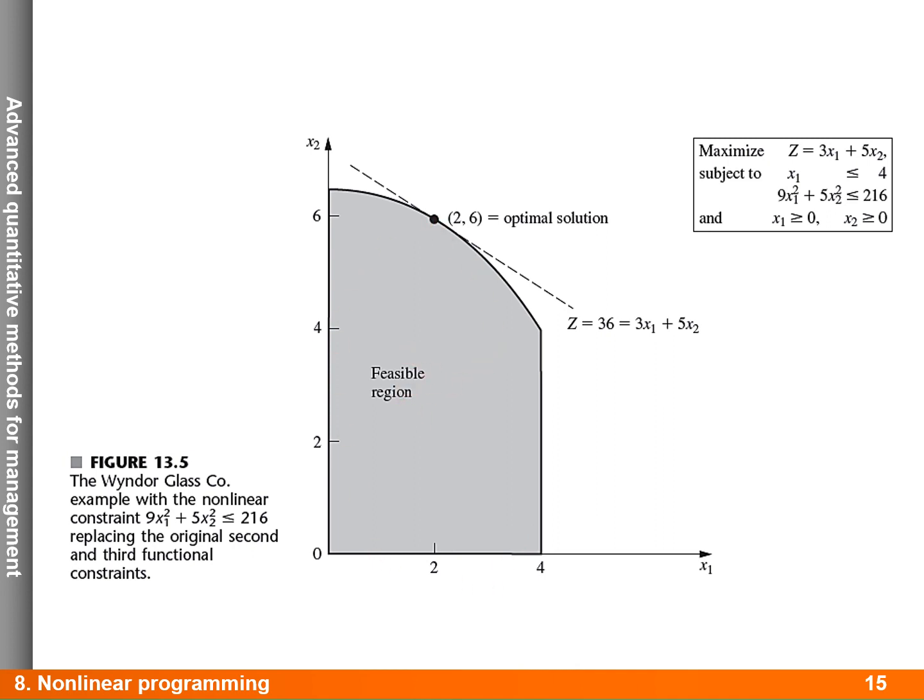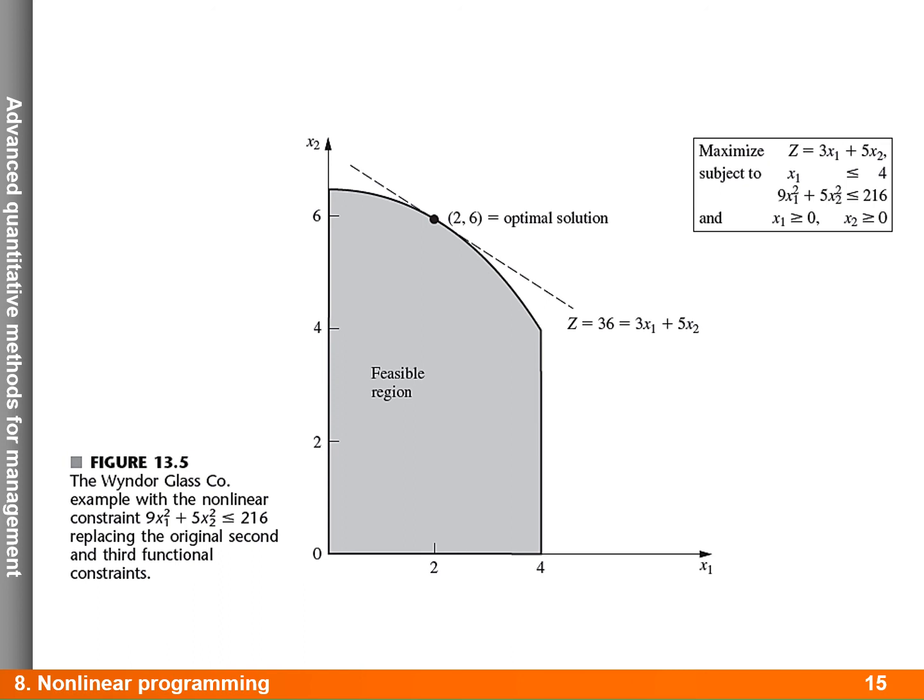The first difference between linear programming and nonlinear programming is here. Although the optimal solution is again (2, 6), as you see, it's not on a corner point feasible. It's not a CPF of our example. It's on this curve, not on a corner point of our feasible region.